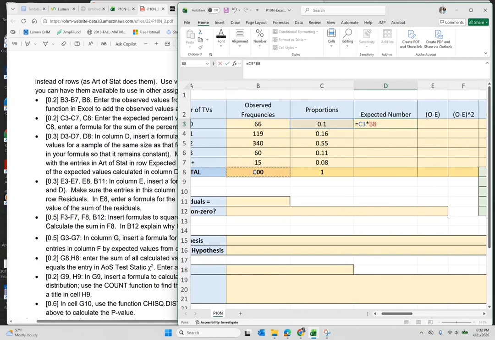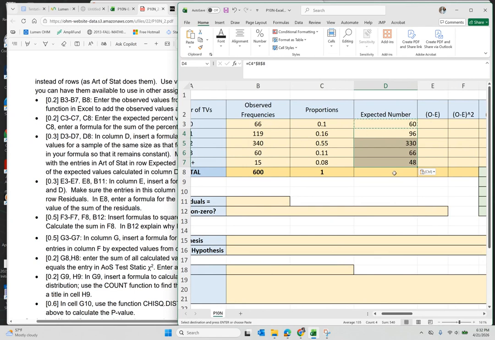And the total is in this location, 600. And I would like this to be with dollar signs so that when I copy the formula only the proportion value changes. It doesn't change the location of the total.